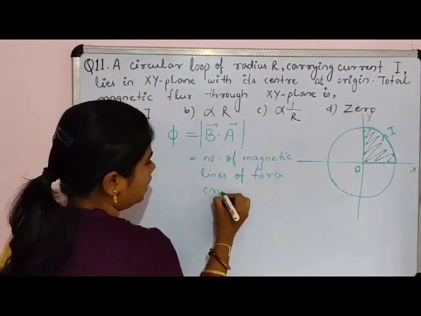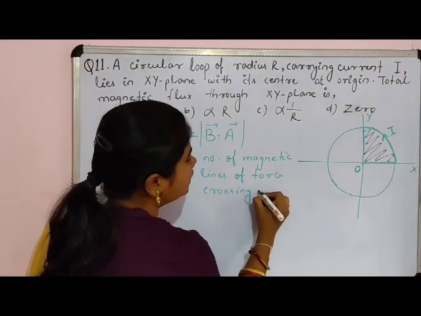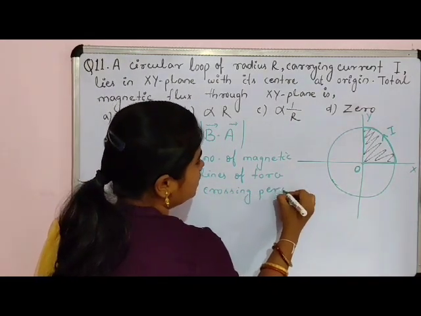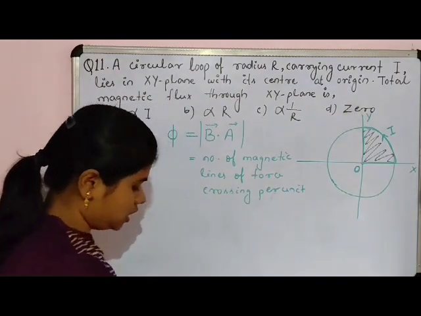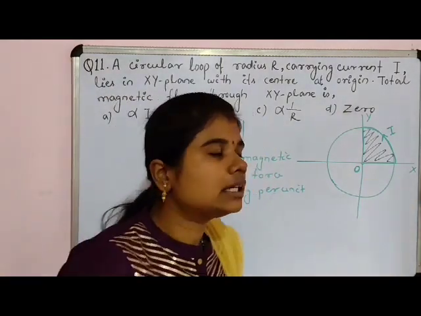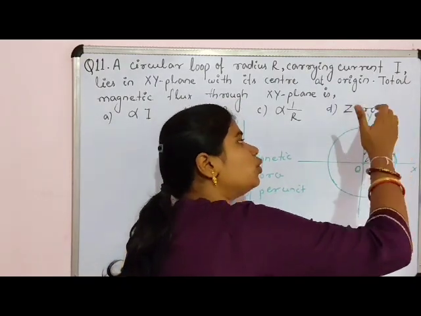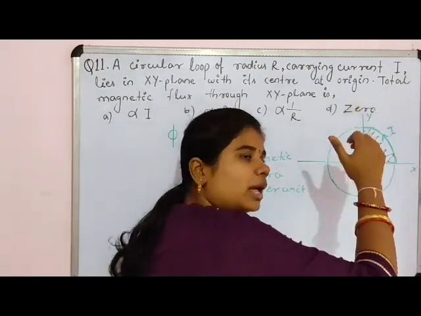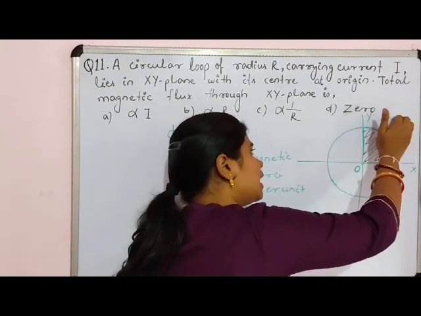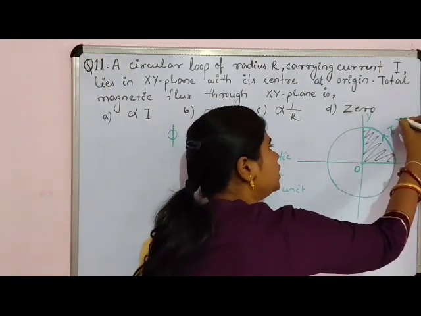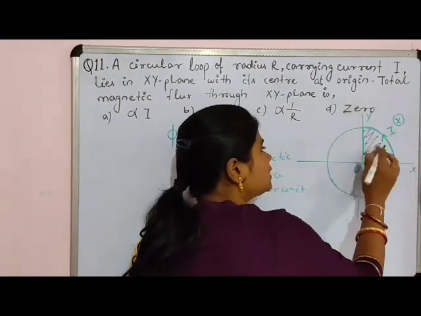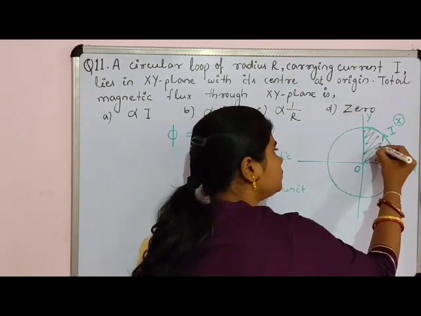Okay. So for that, when you consider the surface of the circular loop, by applying the right hand thumb rule, if the current is going in this direction and you hold the circular part in your right hand, the magnetic field at this point will go into the surface, and at this part it will come out.